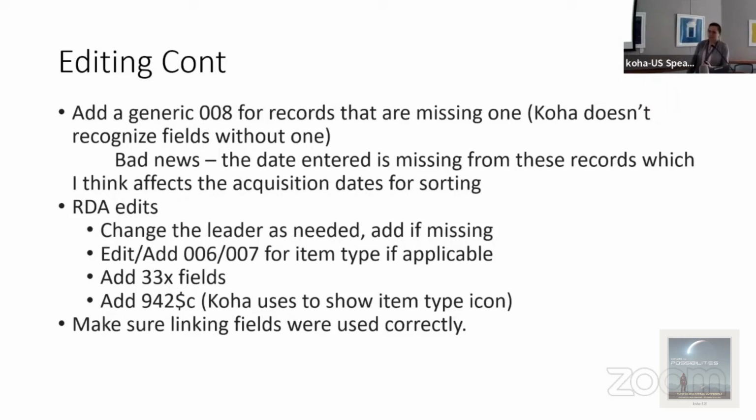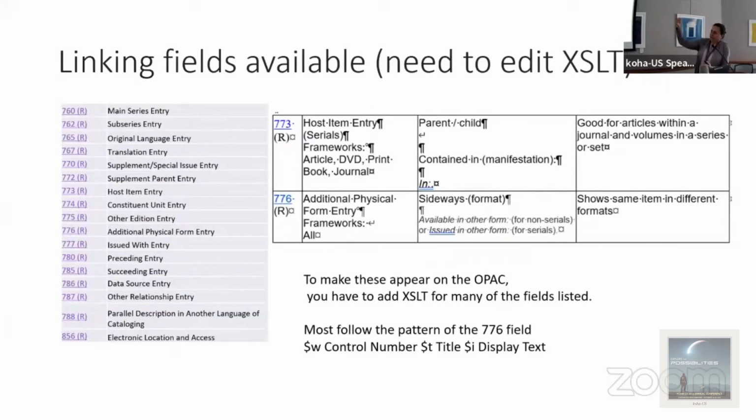And then we use linking fields, and we're trying to use all of those, which is why, for the 001, we have to use the system preference use control number, because we want to use all of those, not just the 773. So right now, there's 3 preferences that will do the 773, but only 1 that will allow you to do all of them.